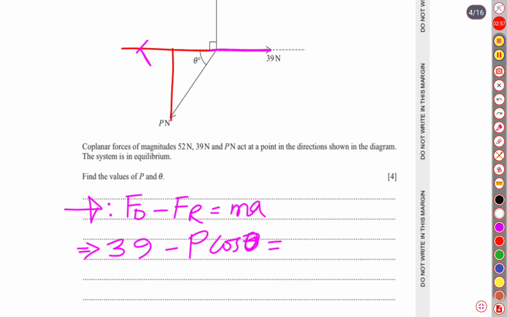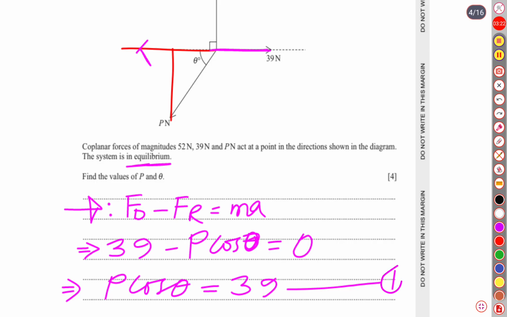As the system is in equilibrium, there will be no motion at all. There is no movement. That's why acceleration is 0. So our right side is going to be 0. Now if we isolate P cos theta, P cos theta is equal to 39.